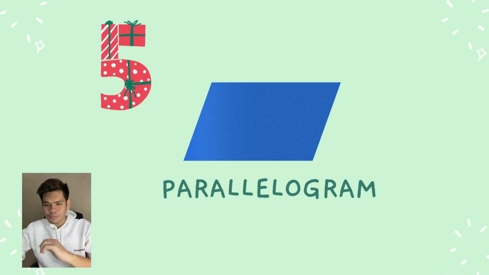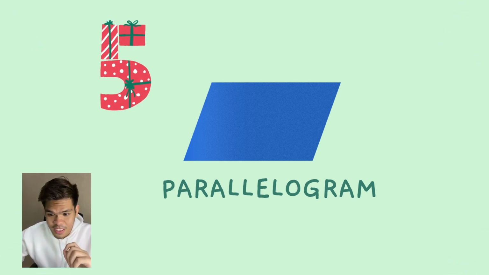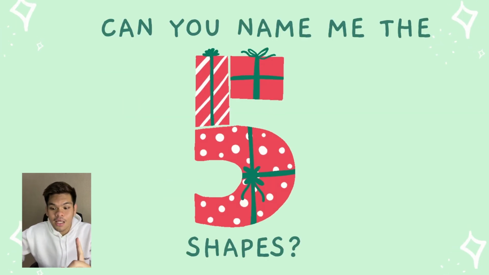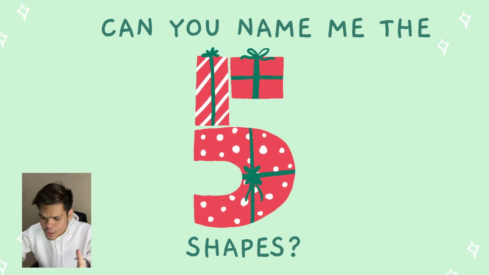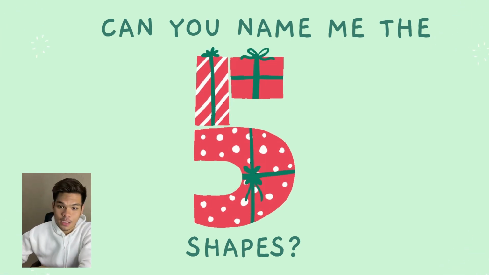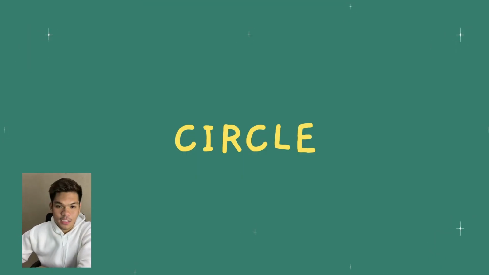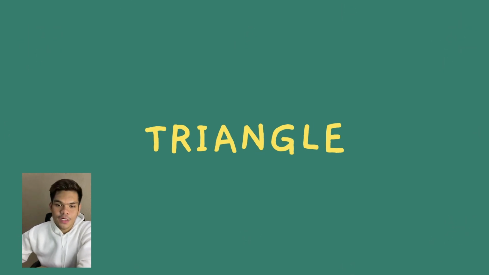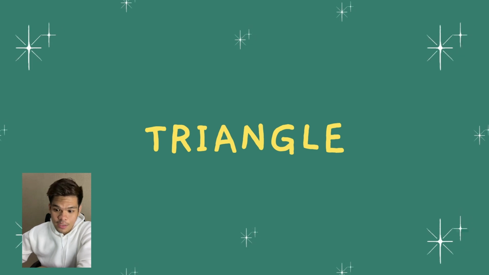Okay, so those are the 5 shapes that we have learned. So can you name me the 5 shapes? Do you still remember the 5 shapes that we have just learned? The first one is circle atau bulat. Next one is triangle.